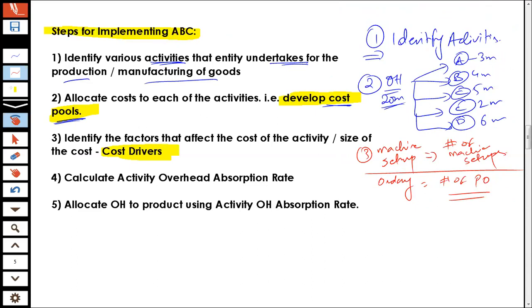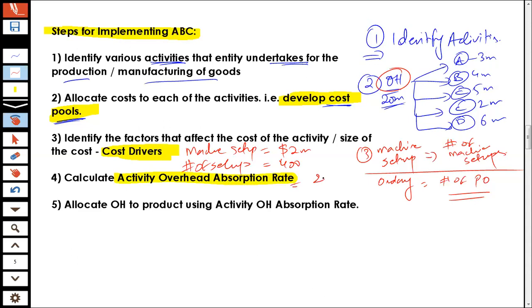The third thing is to calculate the activity overhead absorption rate. You've already developed the cost pool. So, for example, we have the cost pool where machine setup is, let's say, $2 million, and the number of setups is, let's say, 400.